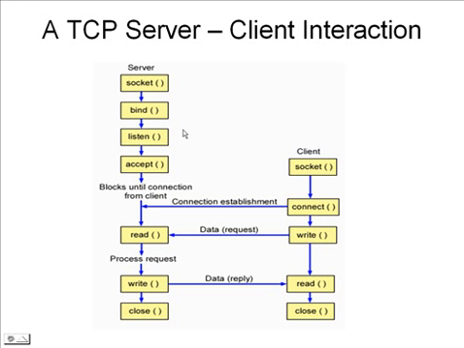Then the server goes on to what is called the accept stage, in which it waits for a client to connect to it. At that point we can see that a client will use the connect call to establish a connection with the server. We'll go into what arguments all these calls take a little later, but let's just talk at a very high level about what is happening first in order to increase one's understanding.